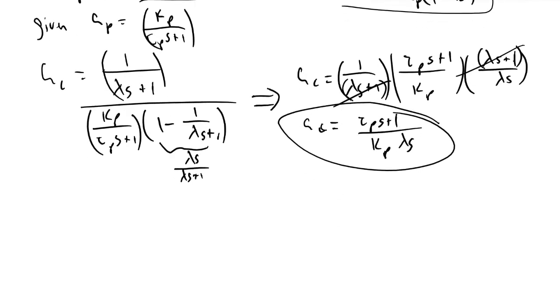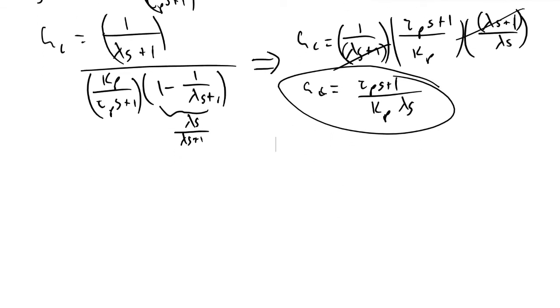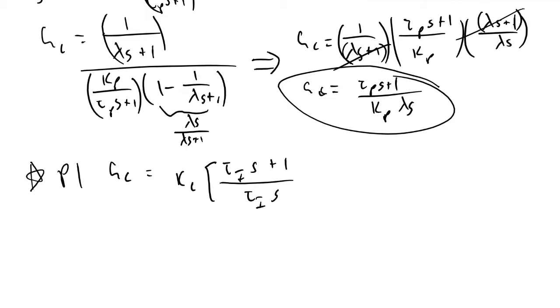And the next thing we do is recognize how the standard PI controller function GC has the form of Kc times tau is plus 1 divided by tau is.